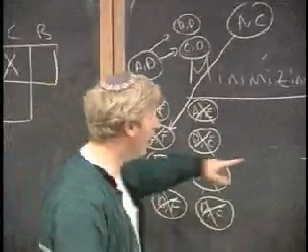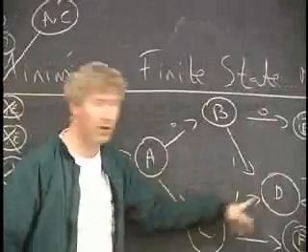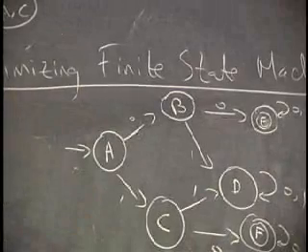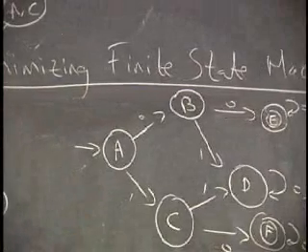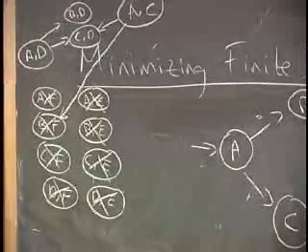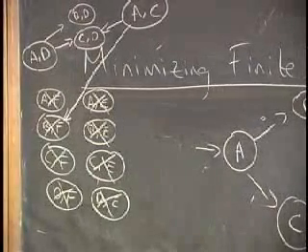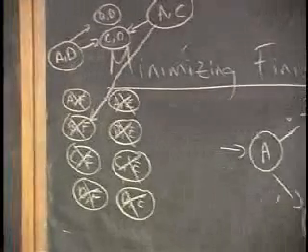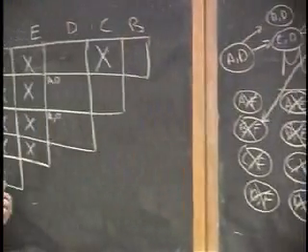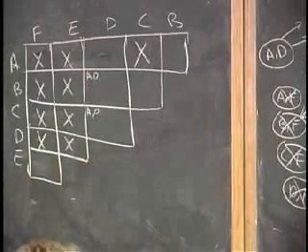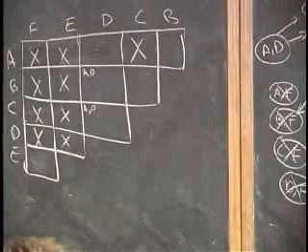And AC on a 1 goes to CD, which is here. In the algorithm, we would not go ahead on the CD line and put AC, because AC's already been X'd. There's no reason to go ahead and add it there. And if you're saying, hey, what if I had looked at the 1 first? Well, then you would have put it there, and that's the way it goes. There is some arbitrariness to what order you do this.